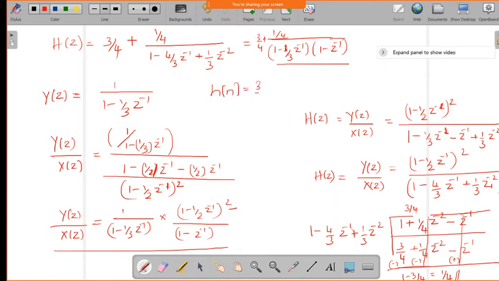So this will give 3 by 4 into del of n plus, so this you have to do again by the partial fraction method, and you can find out the other values. So try to find out by using partial fraction what is the value of a and what is the value of b.